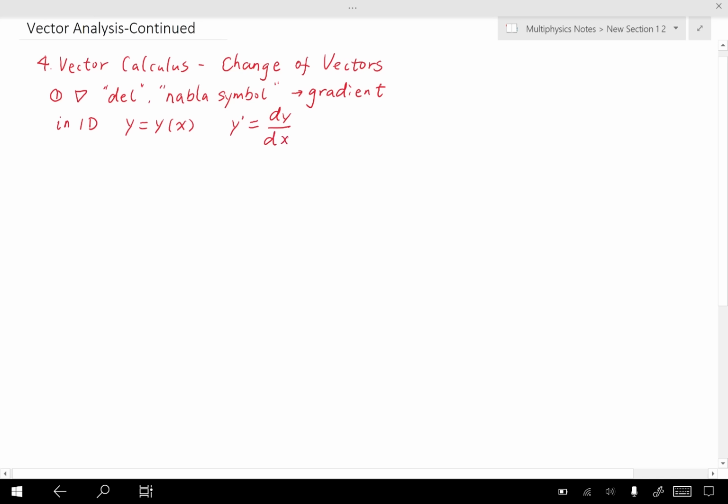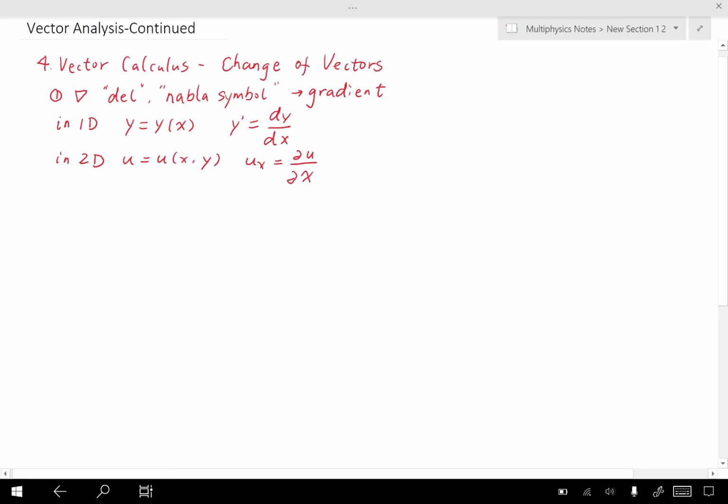And in 2D or 3D, so when we have more than one independent variable, let's say u is a function of x, y. In this case, when we are talking about derivative, we want to talk about which direction we are talking about. It's along x or along y, right? So in this case, we have u_x, that is partial u, partial x.